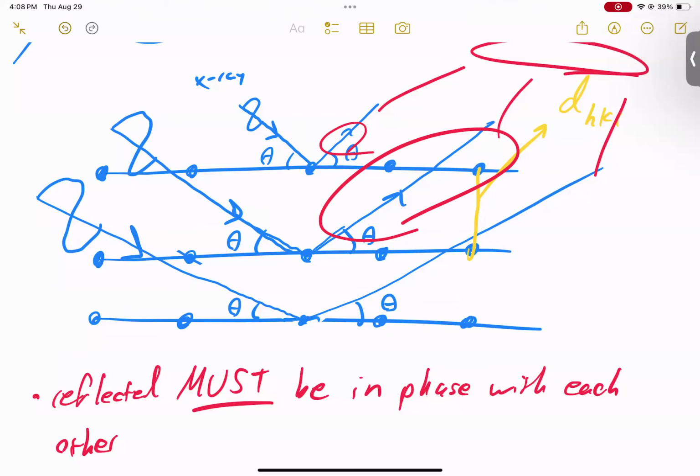However, if we look at this atomic separation over here, we see that the atomic separation is important in determining whether the waves are in phase with each other or not.